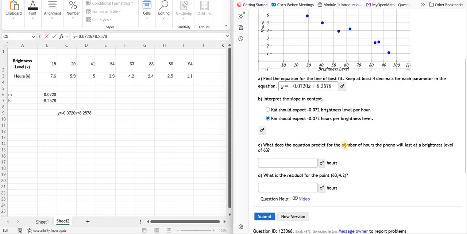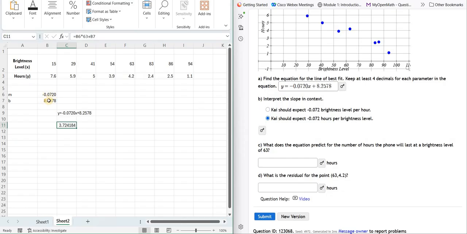What does the equation predict for the number of hours the phone will last at a brightness level of 63? All you need to do, you're going to say equals, and then you will say the slope times the 63 plus the intercept. And I would click on the numbers instead of typing them, because I don't want to use the rounded values.